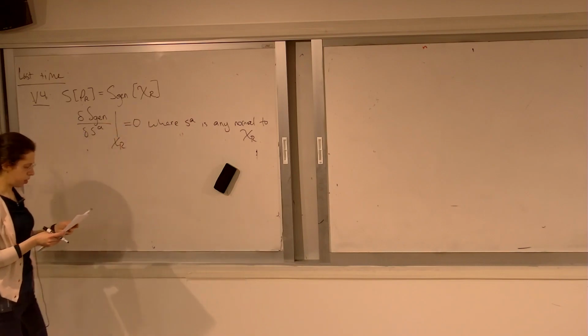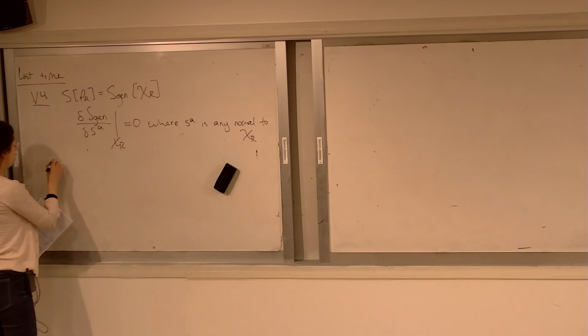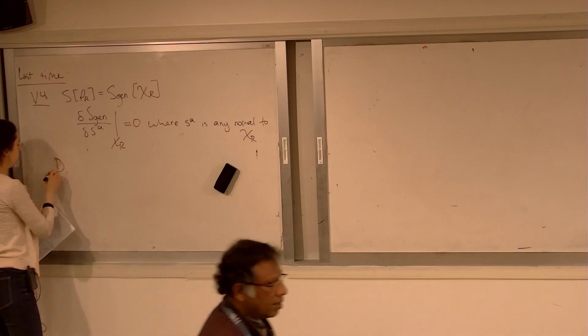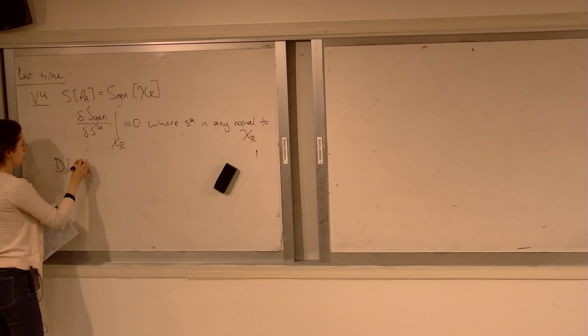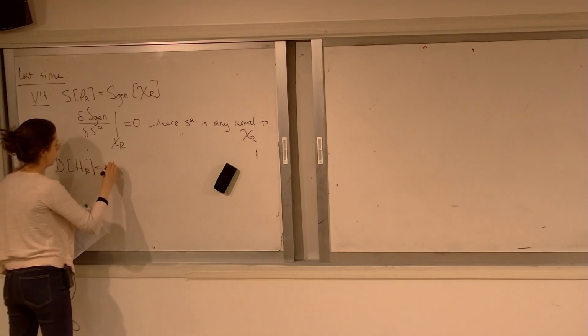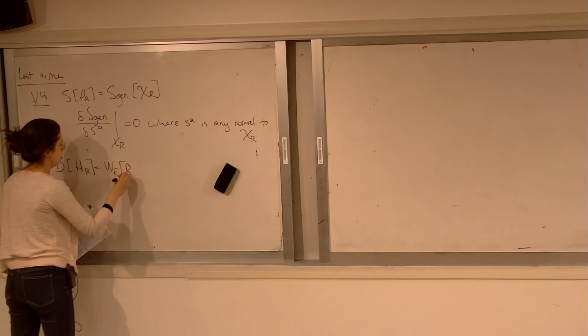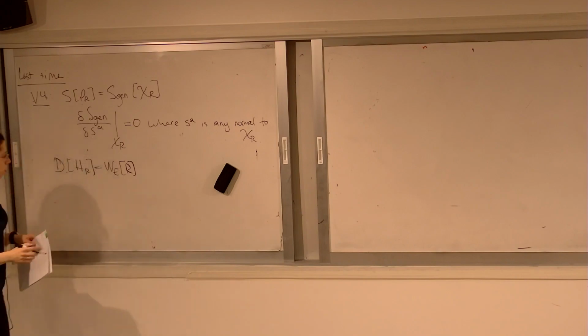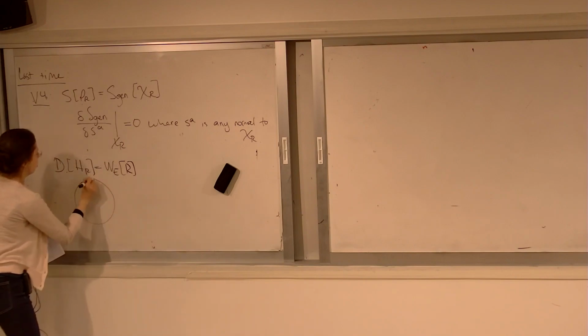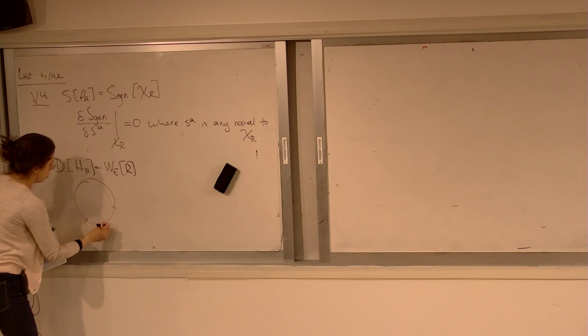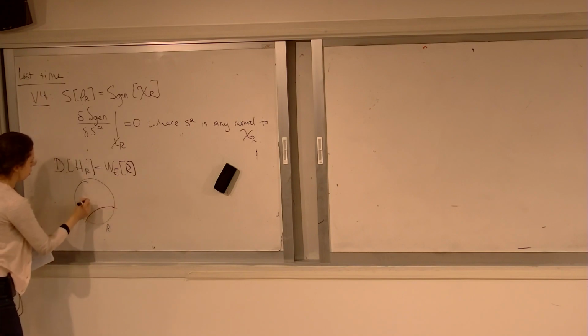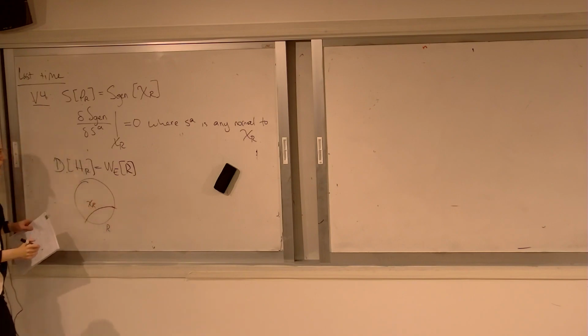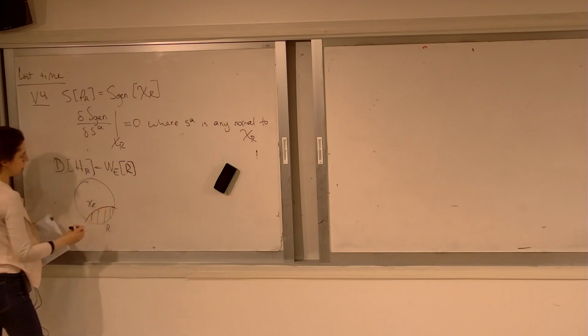Okay, and we define the entanglement wedge as the domain of dependence of the homology hypersurface of chi R. So picture, this is the region R, this is chi R. So on this time slice, this is HR.